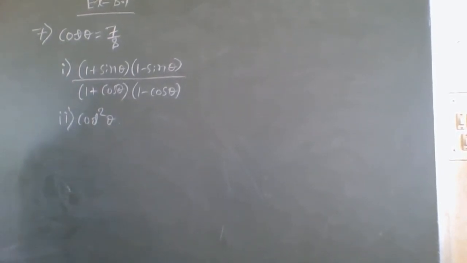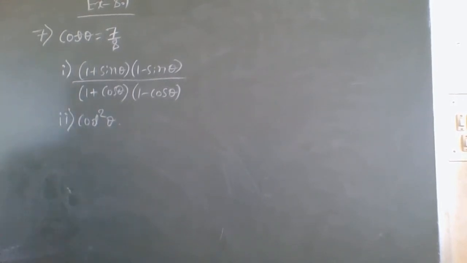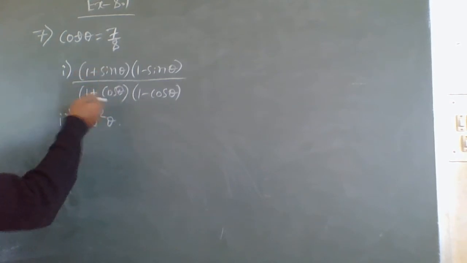And second one, cot square theta. They are given cot theta is equal to 7 by 8. So now to evaluate all these values, first we should have values of sin theta and cos theta.